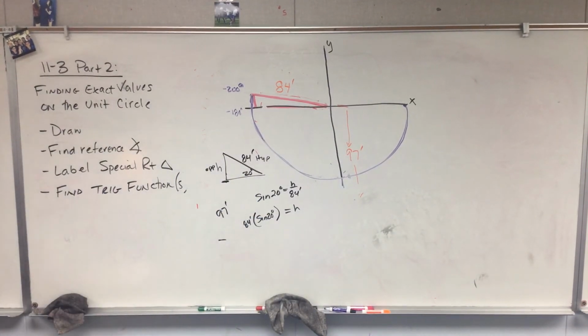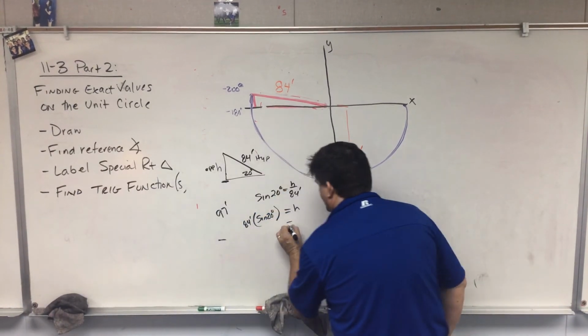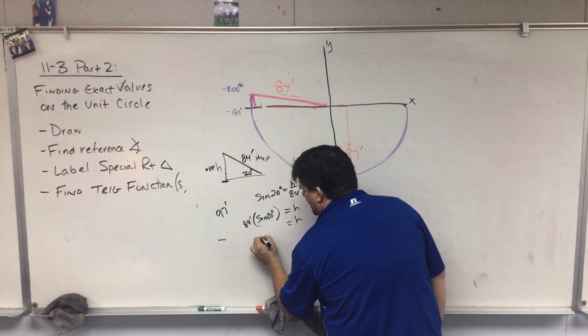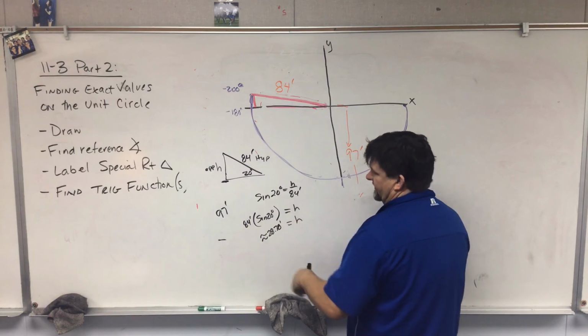Get my calculator, guys. Sine of 20 times 84. I get 28. H equals approximately 28.78 feet, depending on how your calculator rounds.